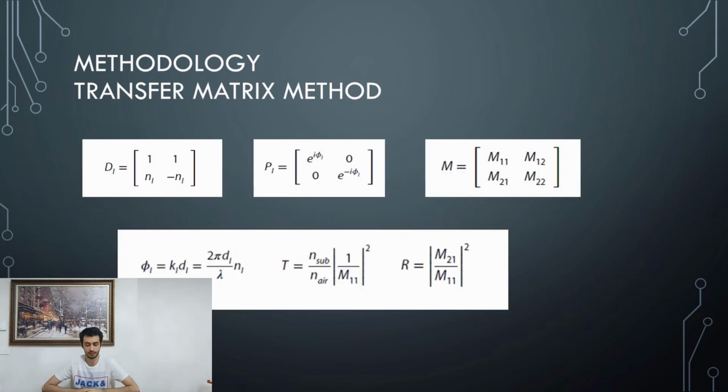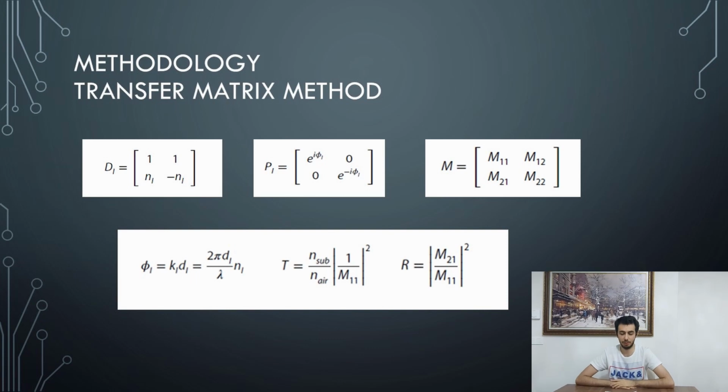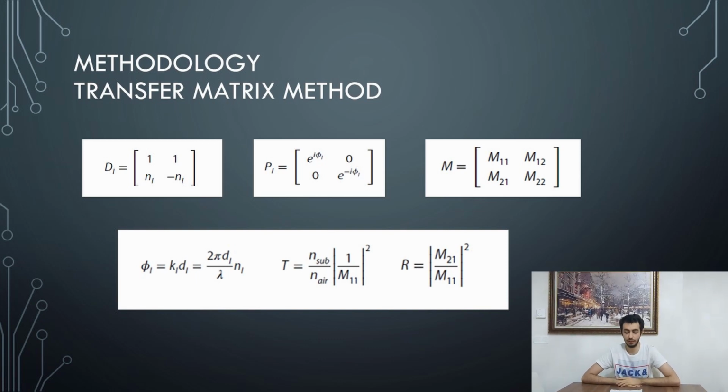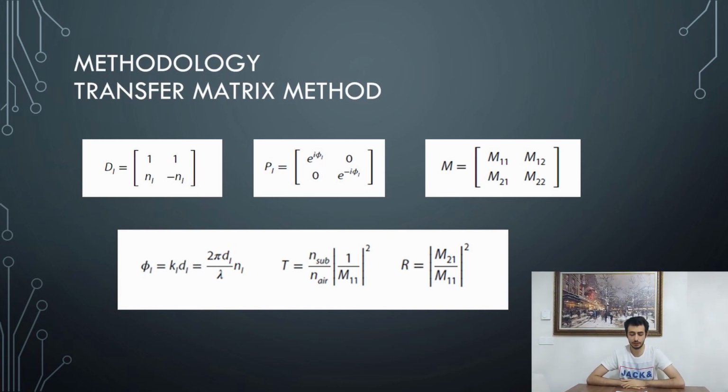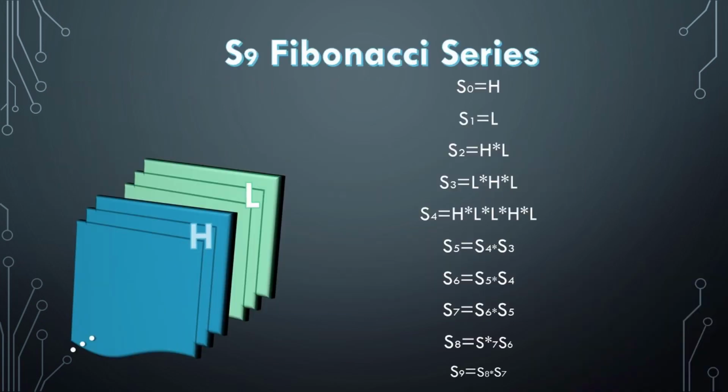A stack of layers can then be represented as a system matrix, which is the product of the individual layer matrices. The final step of the method involves converting the system matrix back into reflection and transmission coefficients.